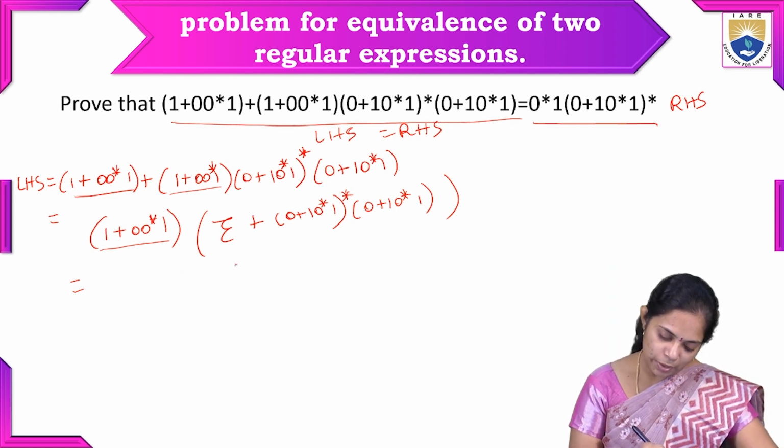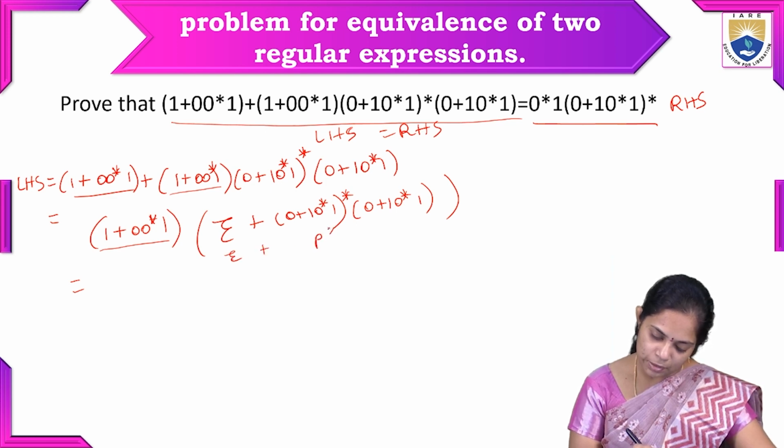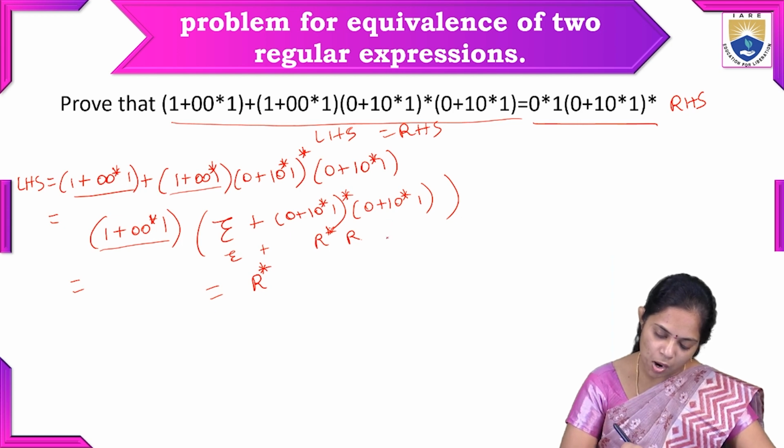By seeing this, we will simplify epsilon plus R star R, which equals R star. So what is the R here?